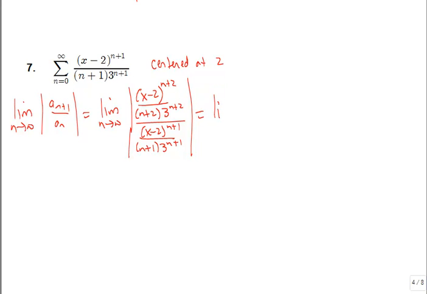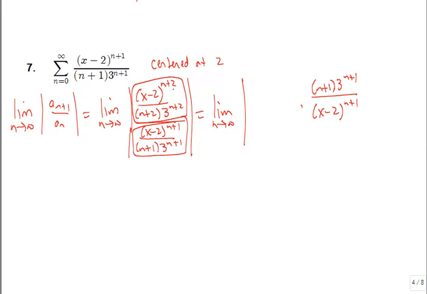So we're going to multiply by the reciprocal. So this will become this flipped over. So the n plus 1 and the 3 to the n plus 1 go on top, and the x minus 2 to the n plus 1 is on the bottom. And now when I break up this numerator, I'm just going to subtract 1 from the power and pull that aside. So x minus 2 to the n plus 2 is x minus 2 to the n plus 1 times another x minus 2.